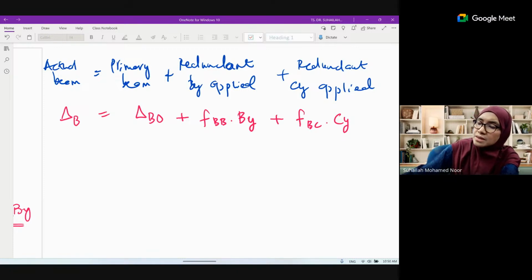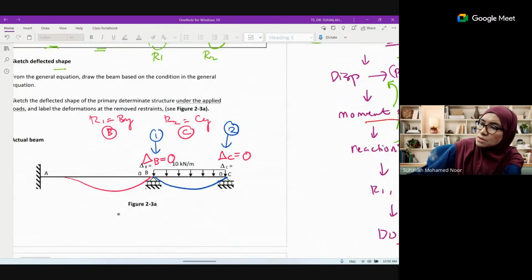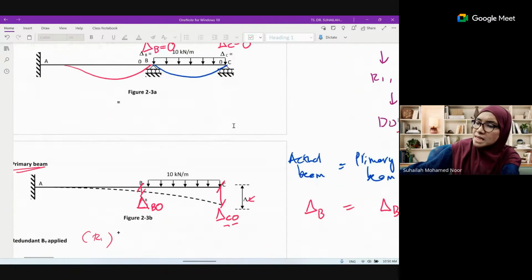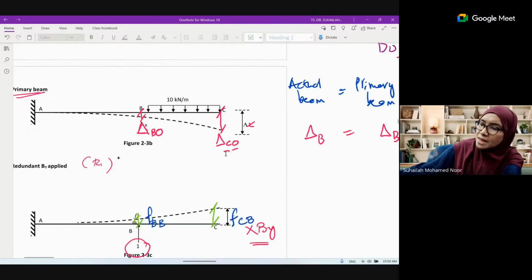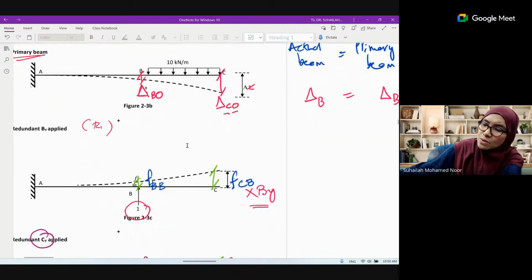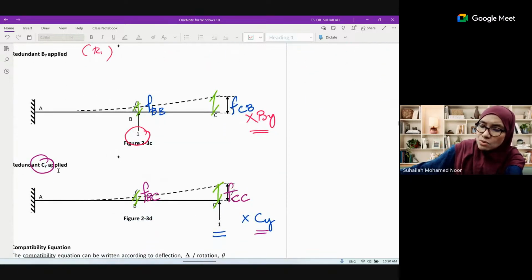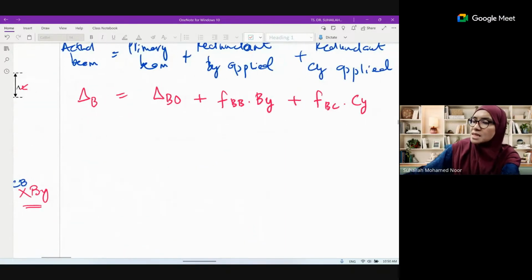So this is for redundant 1, position 1 at B. For 2, all at C. Actual beam delta C equals primary beam delta C naught, plus redundant BY applied FCB times BY, and redundant CY applied FCC times CY. This is how we get the compatibility equation.